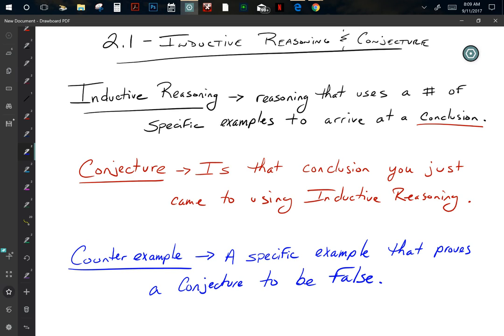Well, those 10 days that I went to school and had a pair of glasses on, right? Those were an example of your conjecture being what? True. Because remember, I said my conjecture was that Coach Stump's going to wear glasses every day. So for those 10 days that I wore a pair of glasses, that was an example of the conjecture being true.